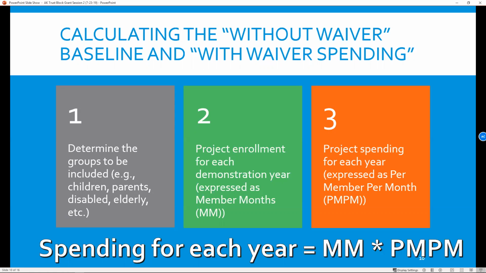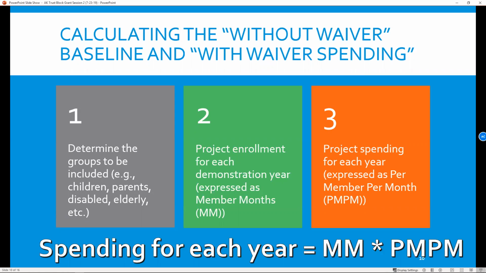And then for each group that you decided you want to include in a block grant, you, the state, project enrollment for each demonstration year. And that's this concept of member months.